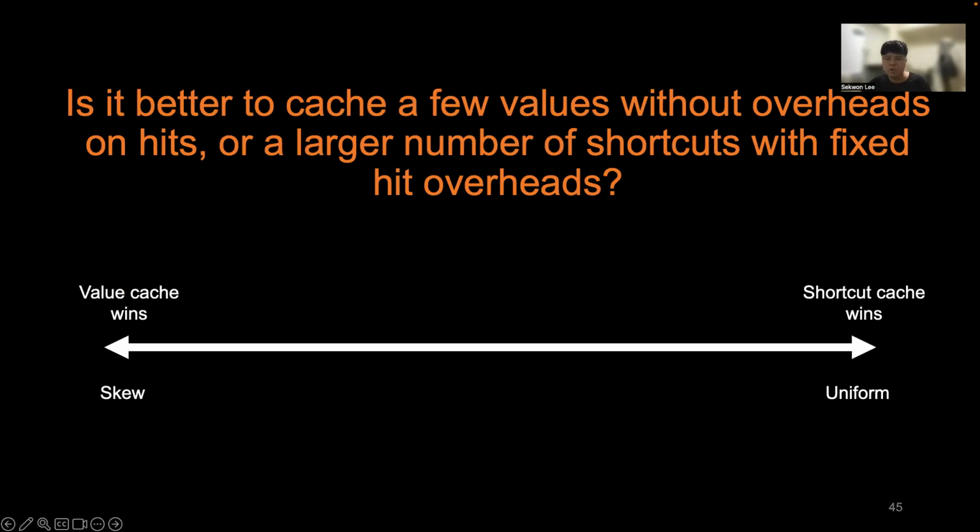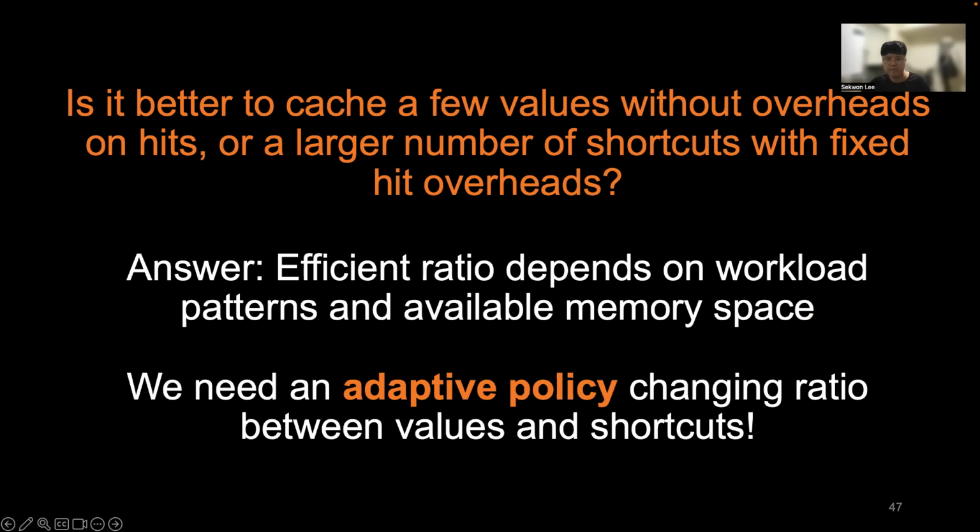But when workloads are close to uniform distribution and their total size is larger than the cache, storing shortcut is better. Unfortunately, most workloads fall between these two extremes and offer no clear answer. The efficient ratio between value and shortcut can be dependent on workload patterns and available memory space. This motivates us to think an adaptive policy.